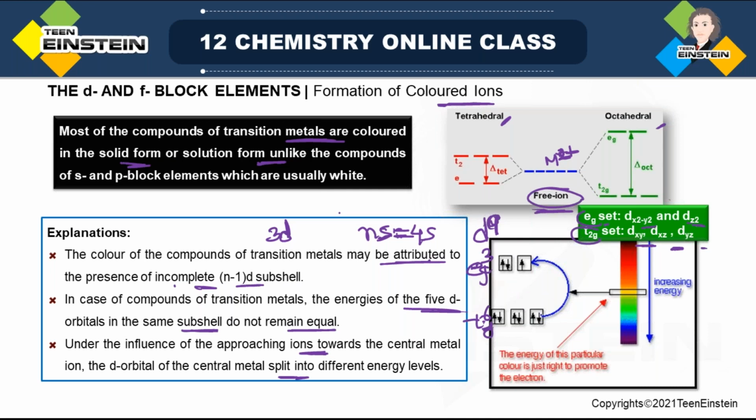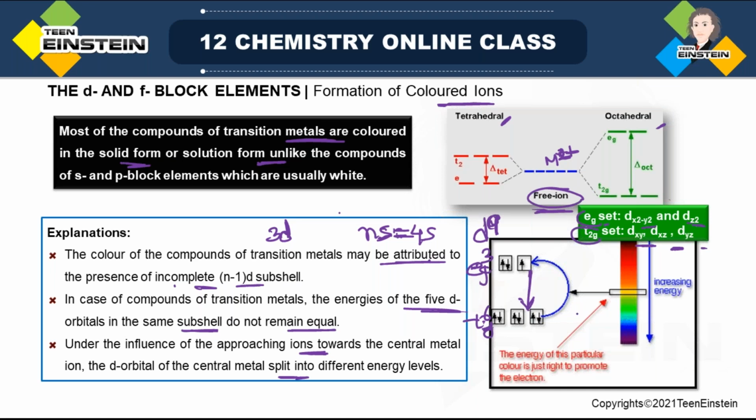Now d9 is basically copper. For this type of arrangement, one of the electrons can jump from T2g to Eg, and if the energy of this gap falls in the visible region, and suppose it is the yellow color, because it is the band in the visible region.